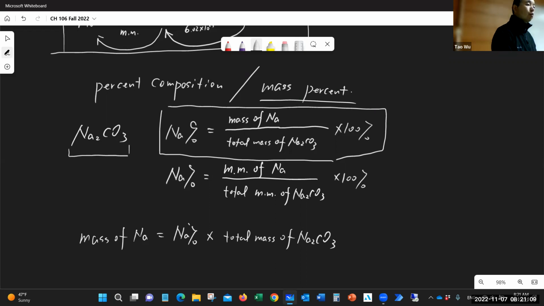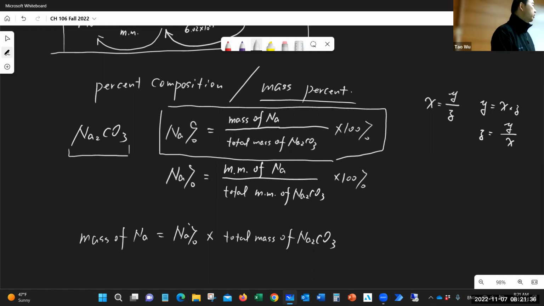What I'm writing here is the math. It's just based on the equation to solve the problem, like x equals y divided by z. So y should be equal to x multiplied by z, or z should be equal to y divided by x.